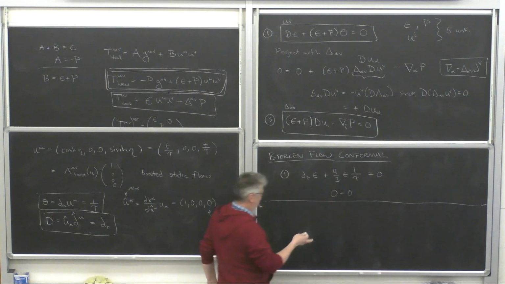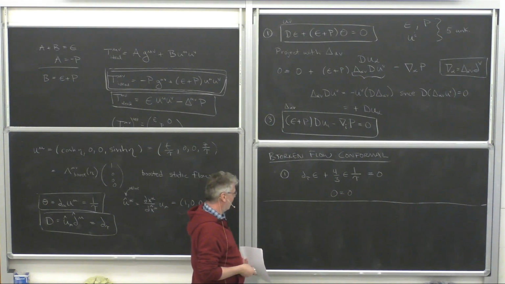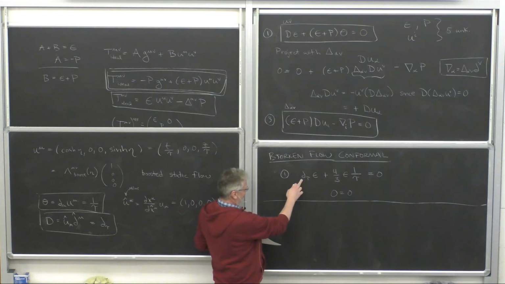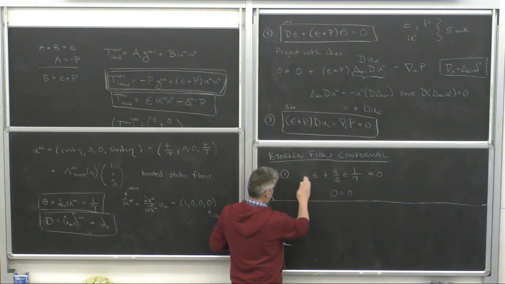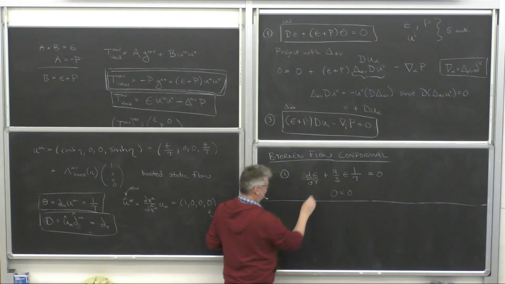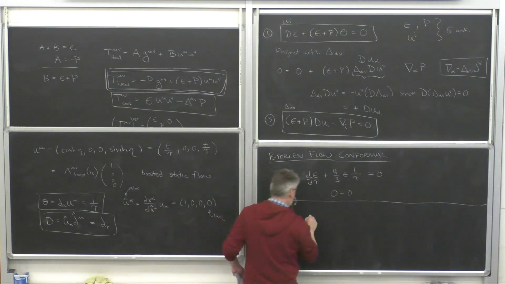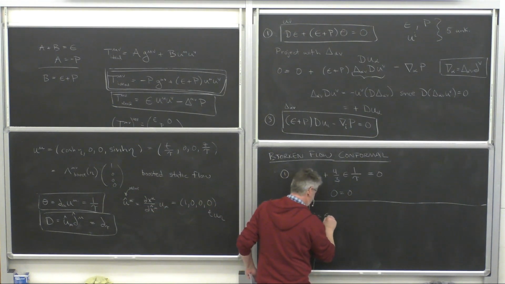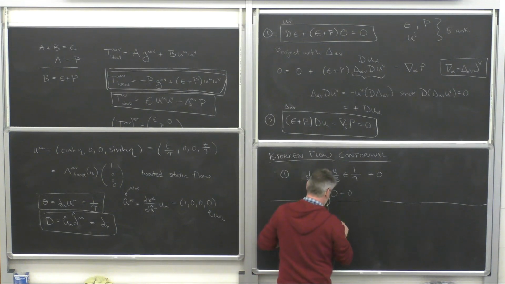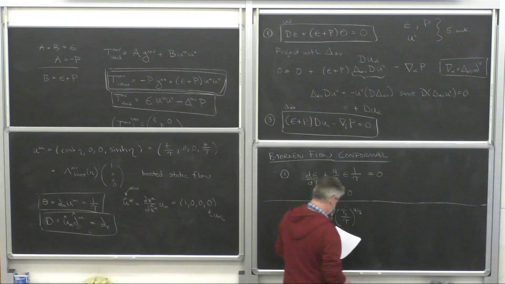Turns out in the conformal case, we can solve it analytically, right? This is a very simple ordinary differential equation now, because this really is just a normal derivative with respect to proper time. I can just solve it. And the solution is that the energy density is equal to some initial value, tau naught over tau to the power 4/3.